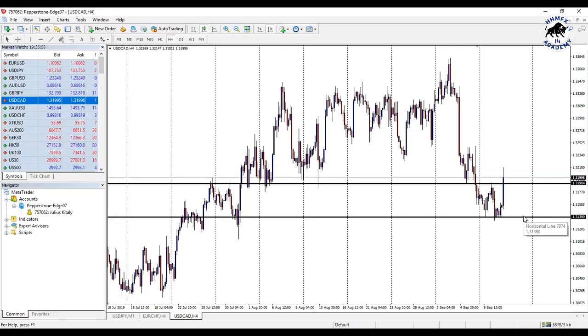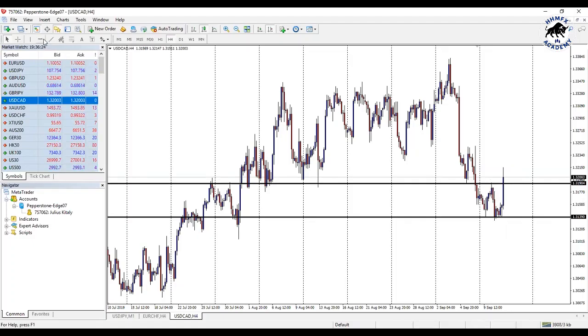So, as I said, if you look at the market from the bottom, any rejection above it is a resistance. And if you look at the market from the top, any rejection below it is regarded as support. So, guys, we have drawn a support at this level. We have also drawn a resistance at this level because of this rejection here.